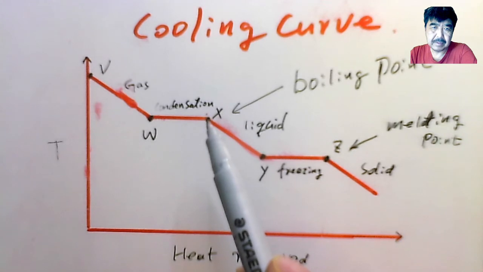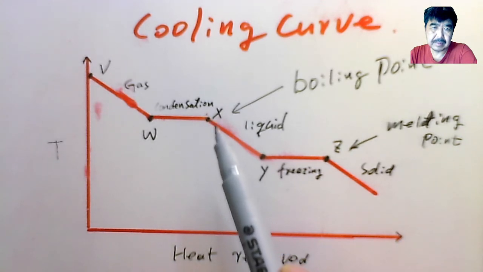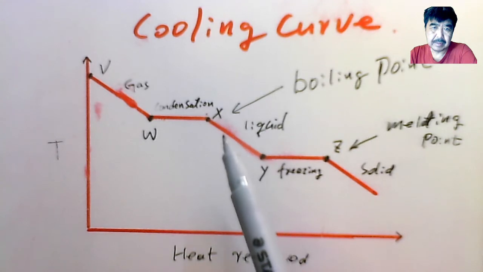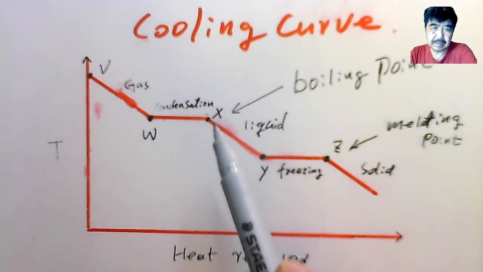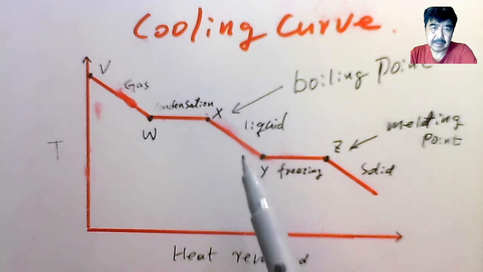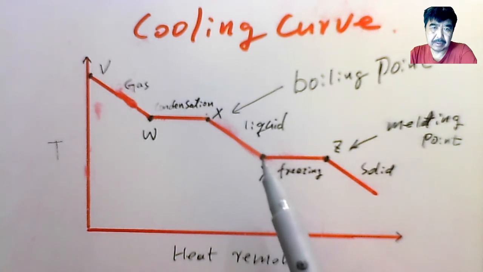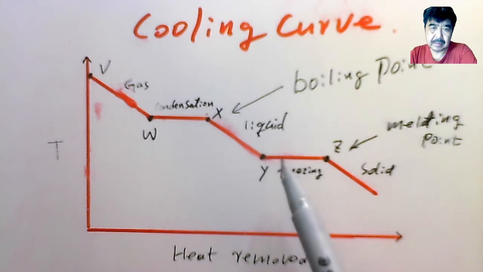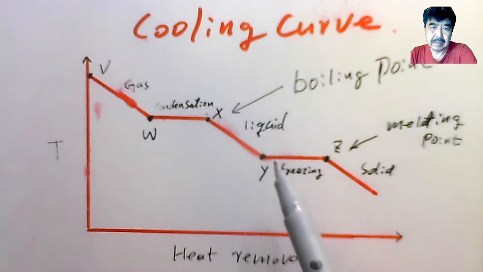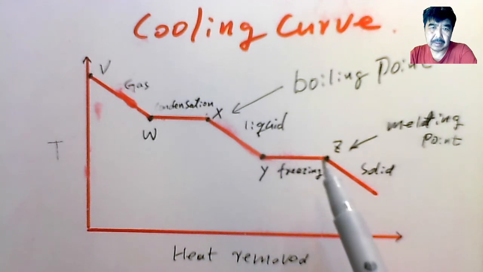At point X, we continue to remove the heat and the temperature drops from X to Y. At point Y the matter starts to become solid, and as we continue to remove the heat from Y to Z, the temperature keeps constant again until all the molecules become solid at point Z.